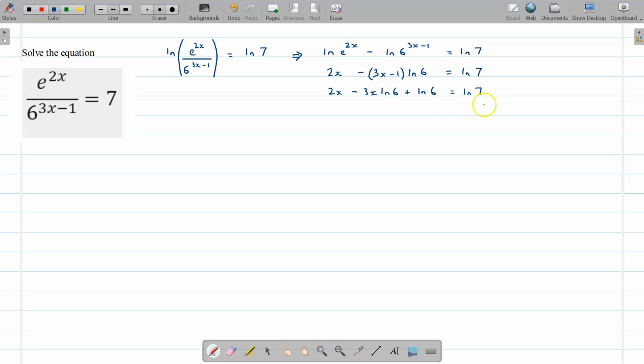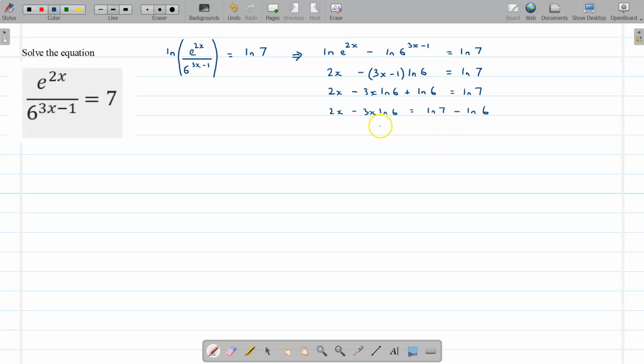So if I move all the non-x terms to the right, I'll have 2x minus 3x log 6 on the left, and on the right I will have log 7 minus log 6.